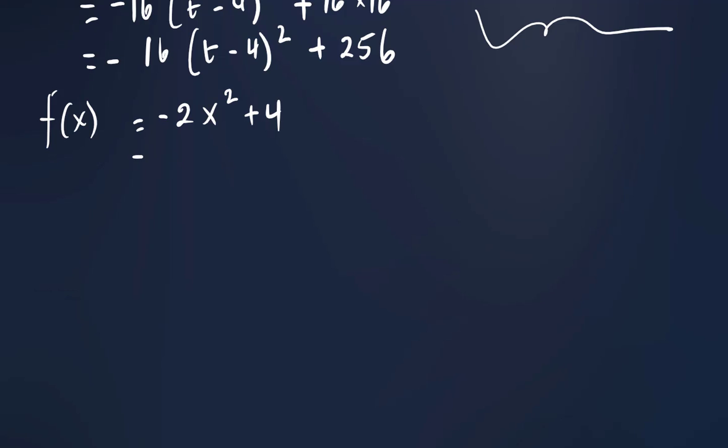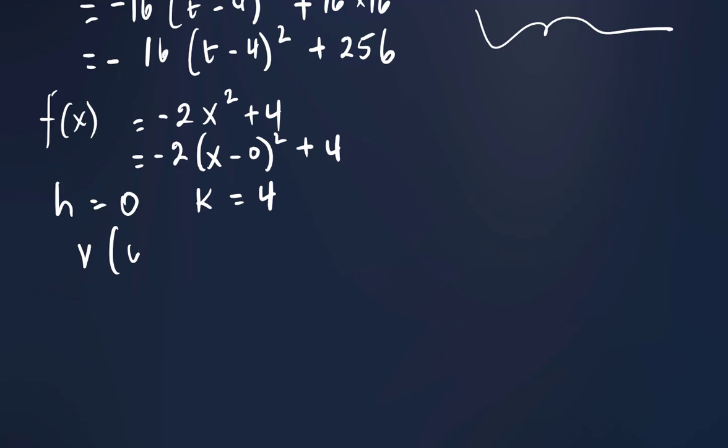All we need to see is that we can rewrite this one as x minus 0 squared plus 4. So that means h is equal to 0 and k is equal to 4. This is the vertex, and the axis of symmetry is x is equal to 0 because h is equal to 0. This one was very simple.